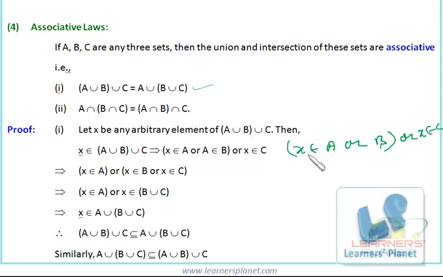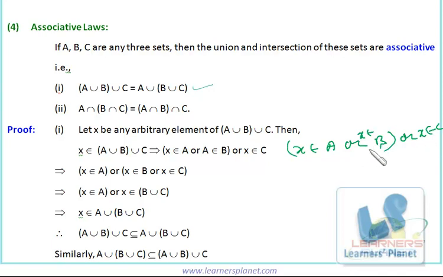A union B means X belongs to A or X belongs to B, and for this union sign I am putting one more "or", then X belongs to C. So X belongs to A or X belongs to B, in bracket, and or X belongs to C.